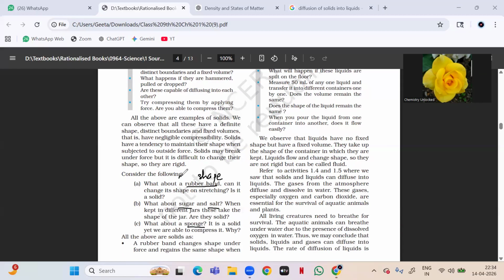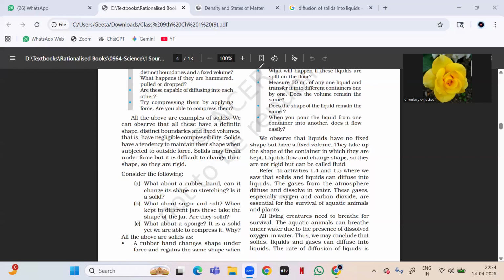Similarly, sugar and salt appear to take the shape of the container. So the question is asked, are they still solids? And a sponge is very easily compressible. Although they are solids, they don't comply with the properties of solids which we just observed. So all of these are solids.